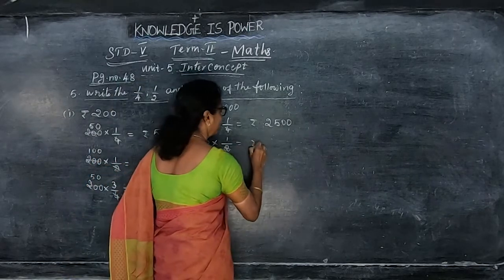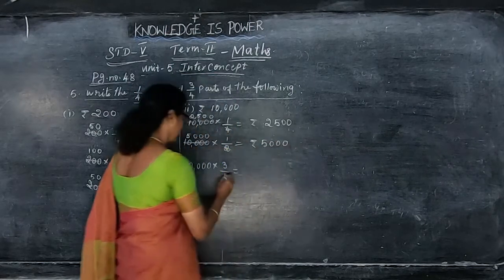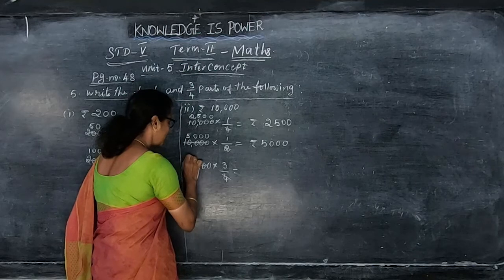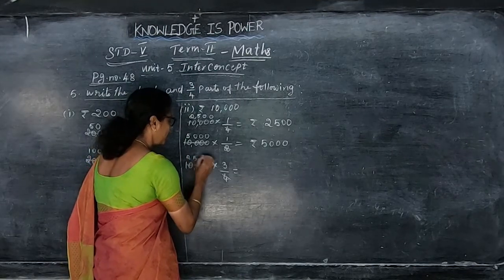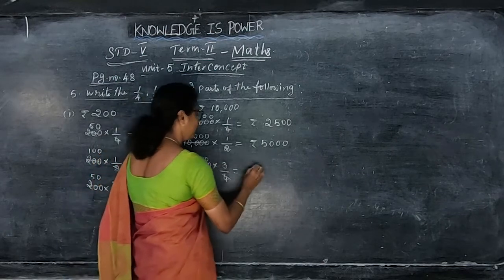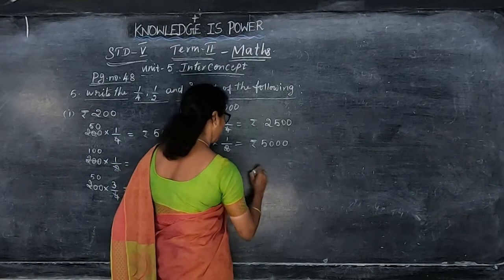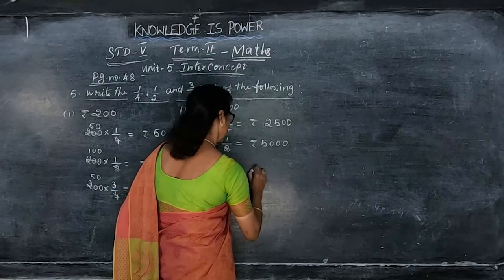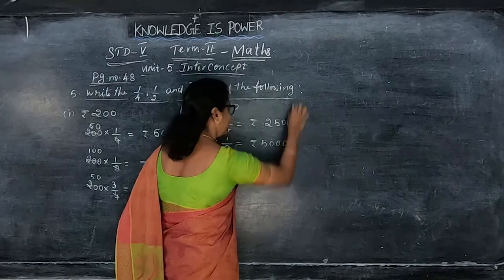It is equal to rupees 5,000. Then again 4 twos are 8, 8 we have put, balance is 2. So 4 fives are 20. 2,500. Two zeros to two zeros you put. If you multiply this with 3, you will get rupees 7,500. 3 fives are 15, 7,500.